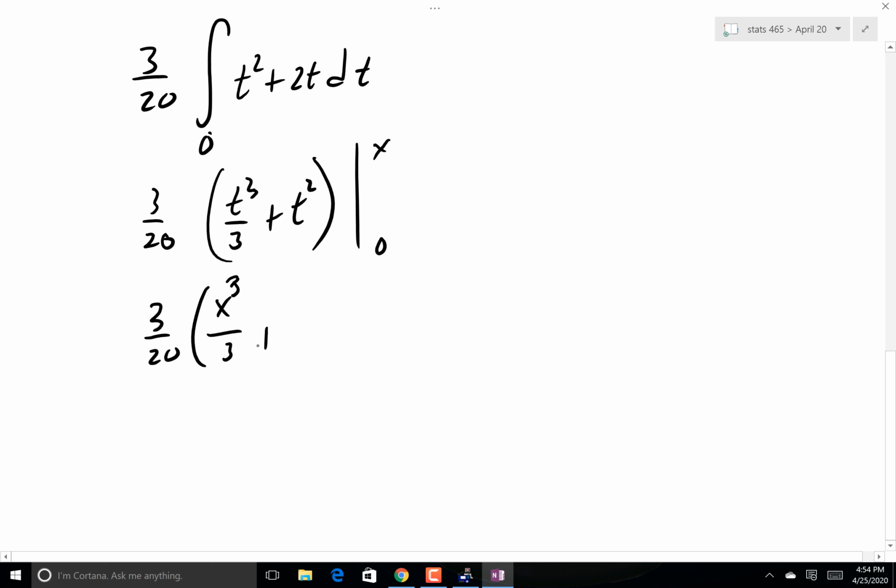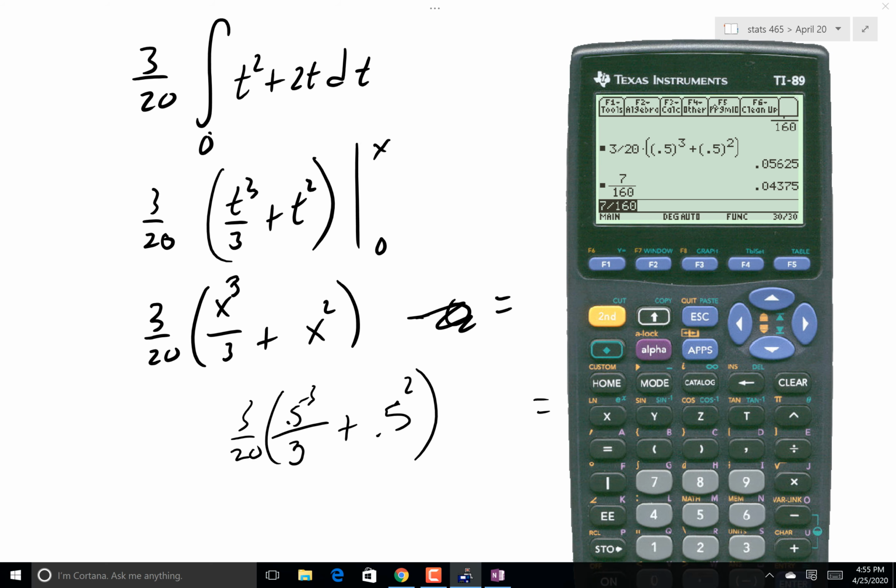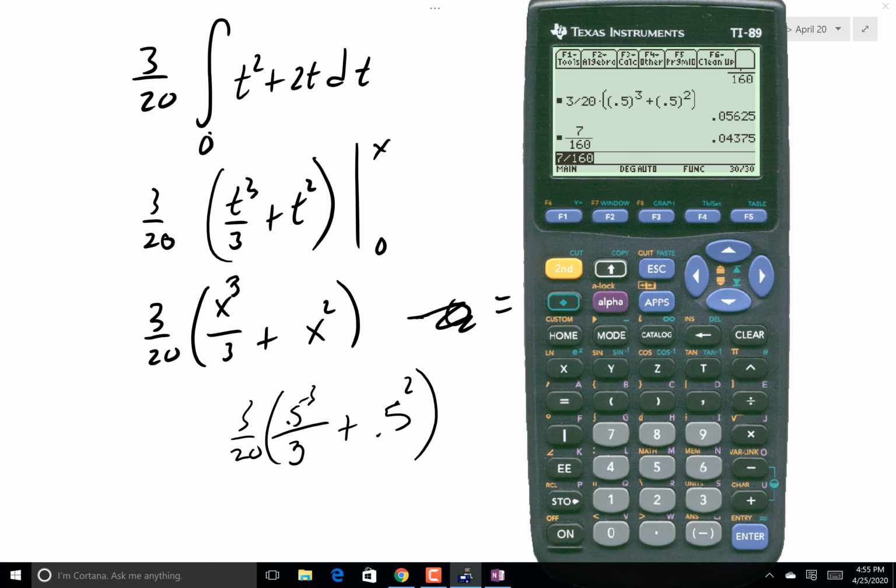I just got out a calculator here. That little trick is something we use all the time for common distributions, and they have built-in functions for those in Excel for that very reason. You get that number right there, which is 7 divided by 160, if I am not mistaken. Oh, what happened?